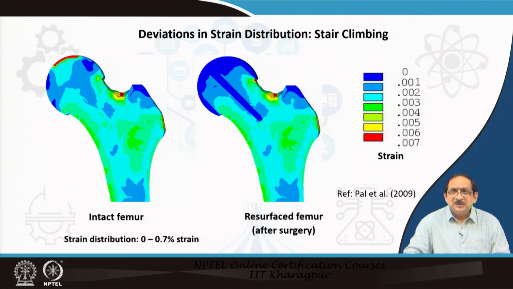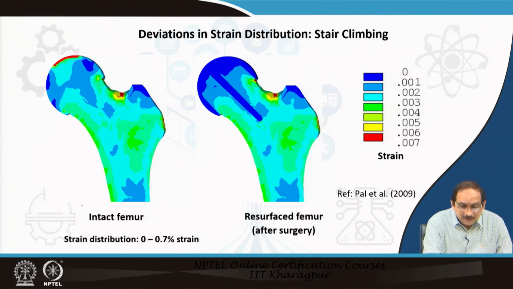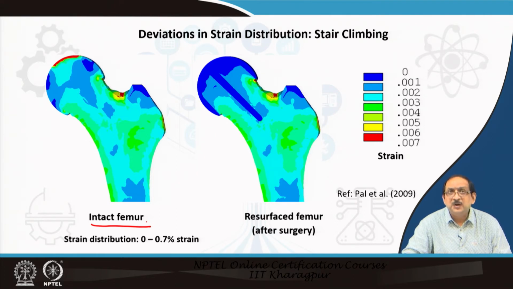Now, let us present the results. In this slide, we have on the left the strain distribution corresponding to the intact femur, and on the right the strain distribution corresponding to the resurfaced femur immediately after surgery. The strain contour map is indicated on the right.